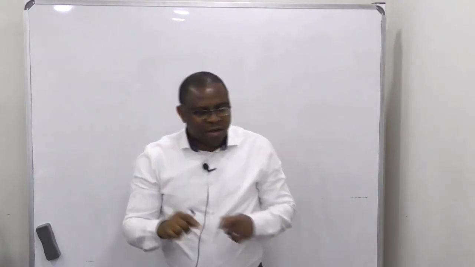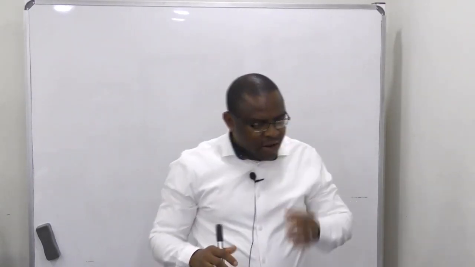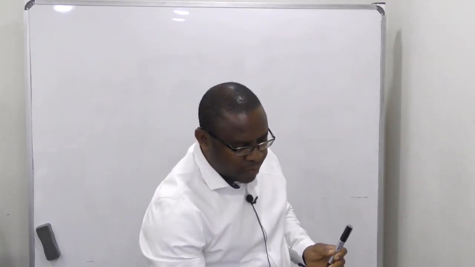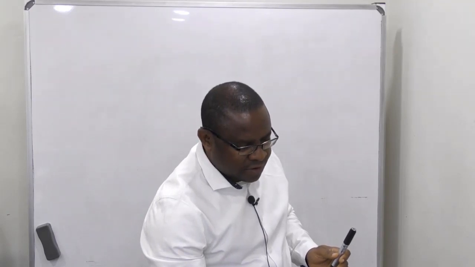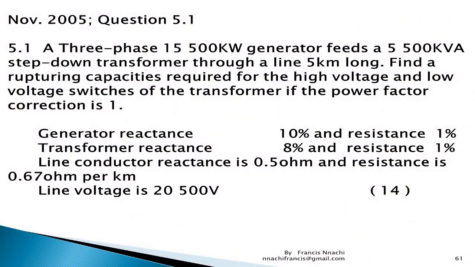Okay, so let's have a look at that question. It's a three-phase 15,500 kilowatt generator that feeds a 5,500 kVA step-down transformer through a line of 5 kilometers long.